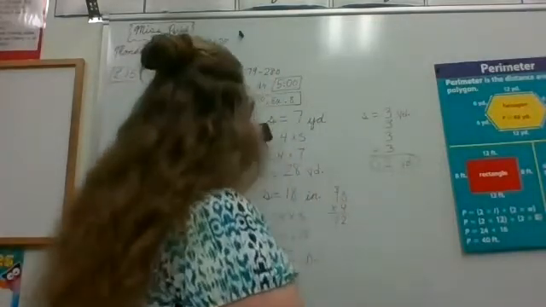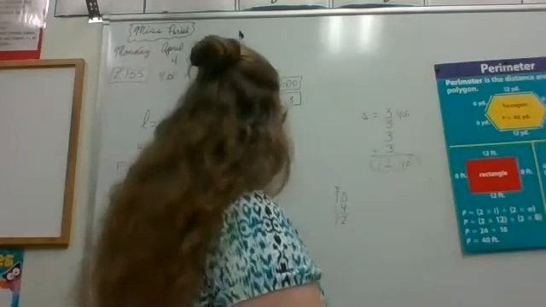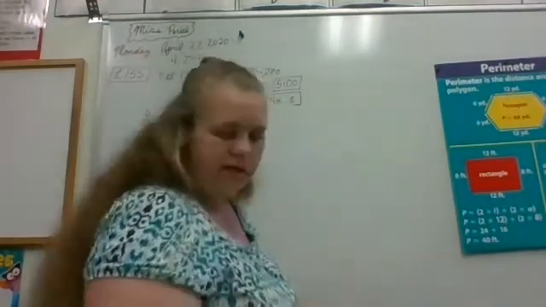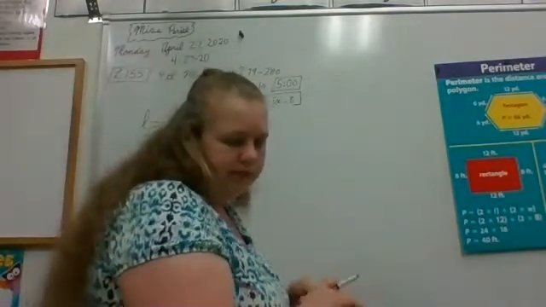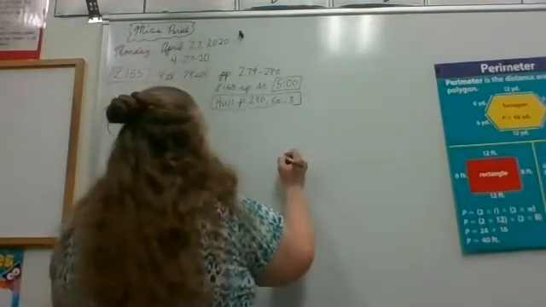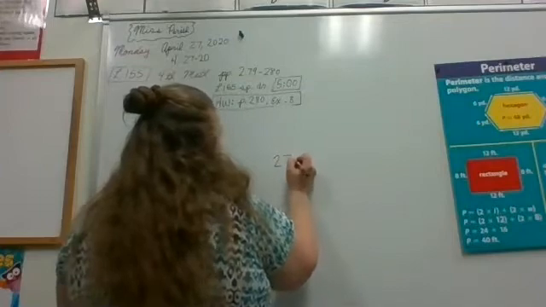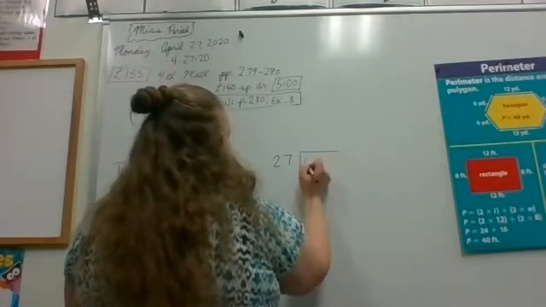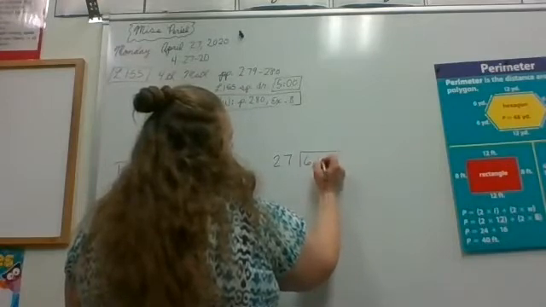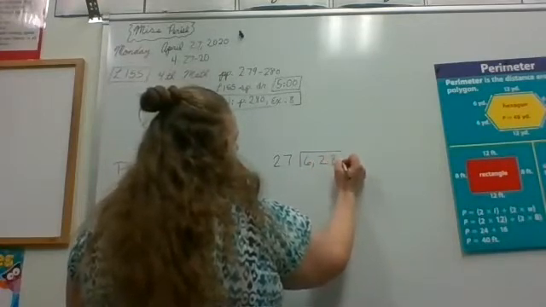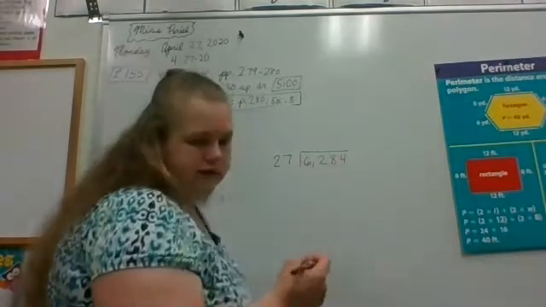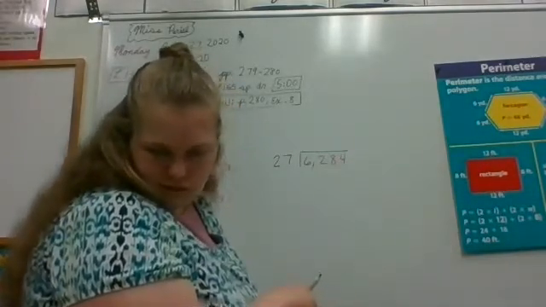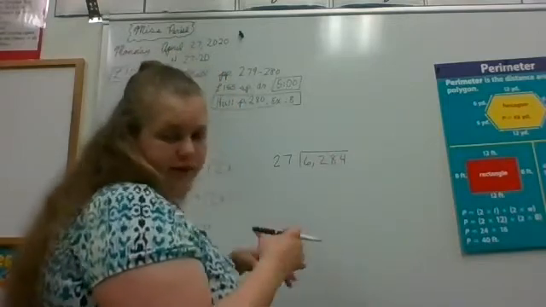Let me get one up there. Okay, so if you have 27, and the number here was 6284. Okay, I did not almost copy a problem.